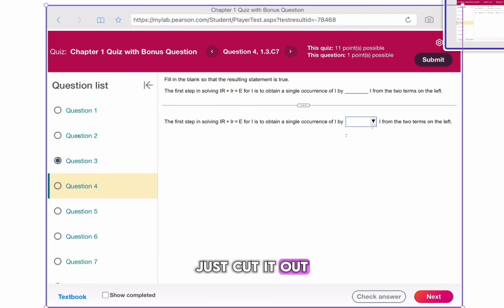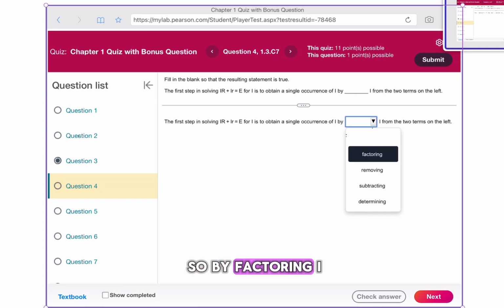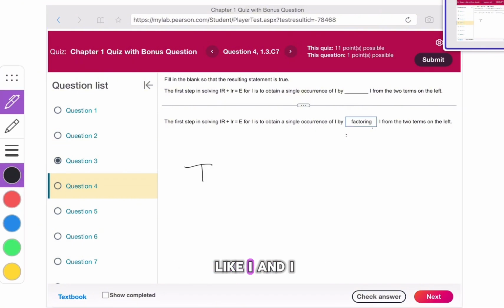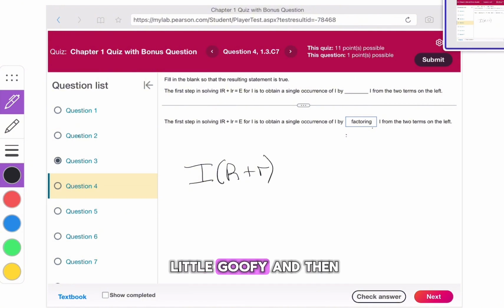Okay, so by factoring I from the two terms on the left, so that will look like I, and I know it's not exactly like my I, but it looks like a lowercase L, and it's just a little goofy.